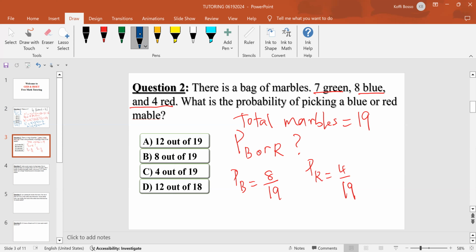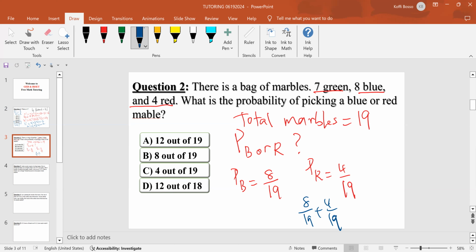So here you do 8 over 19 plus 4 over 19, and you get 12 over 19. That is the answer, same as 12 out of 19, which is the first choice.